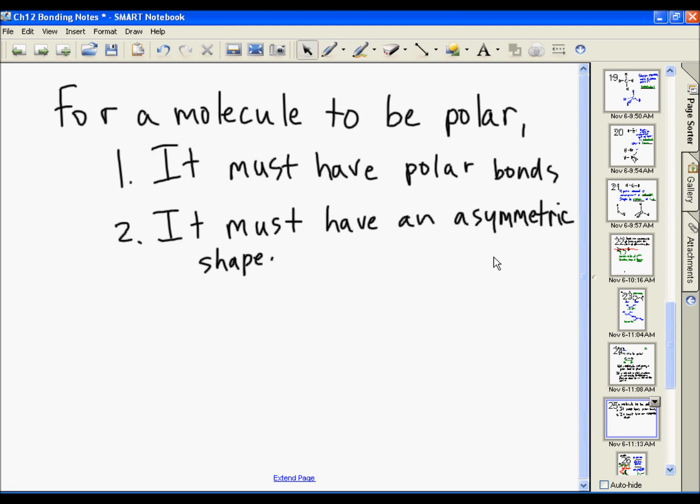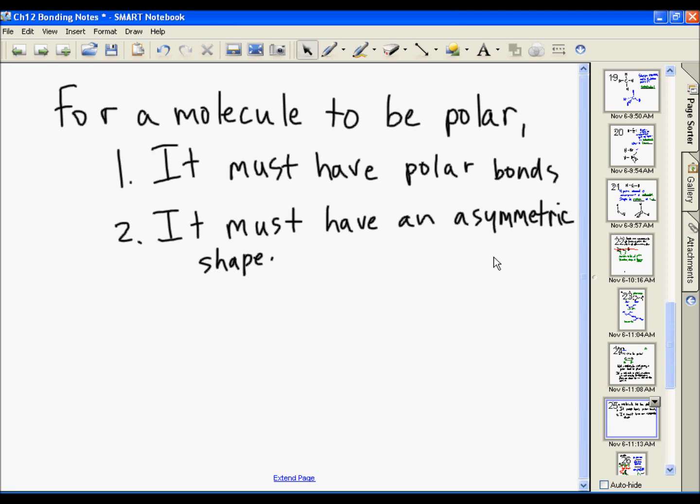If you were able to rotate the molecule, the atoms all change positions, and you could tell it had changed, then it's asymmetric. The test that I use is: if you were to close your eyes and someone rotated it such that all the atoms changed positions, and then you opened your eyes and could tell it had been rotated, then it's asymmetric. And if it's asymmetrical, it will be polar.